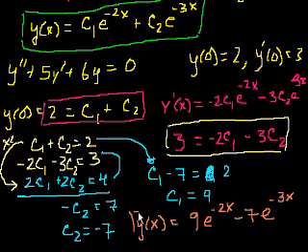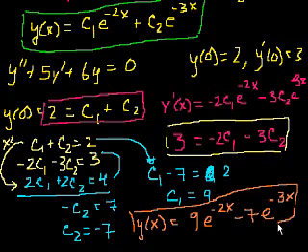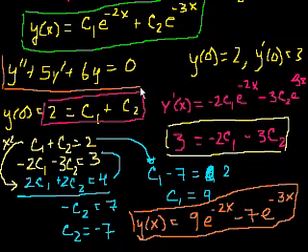That is the particular solution to our original differential equation. And it might be a good exercise for you to actually test it out. I'll do another example in the next video. I'll see you soon.